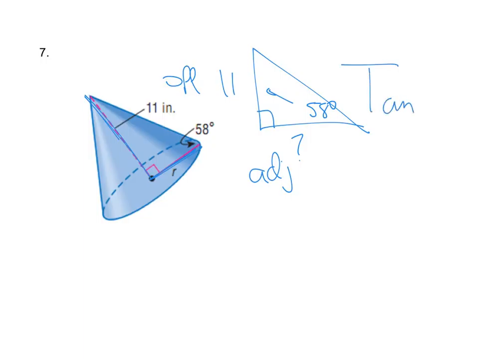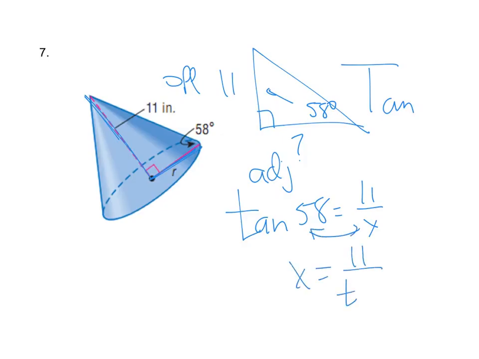Remember, SOH CAH TOA. So I want the tangent of 58, and that's going to be equal to 11 over x. And then, depending on how good your memory is, these two switch places. So 11 divided by the tangent of 58, I get 6.87356. All right, so that's my radius.